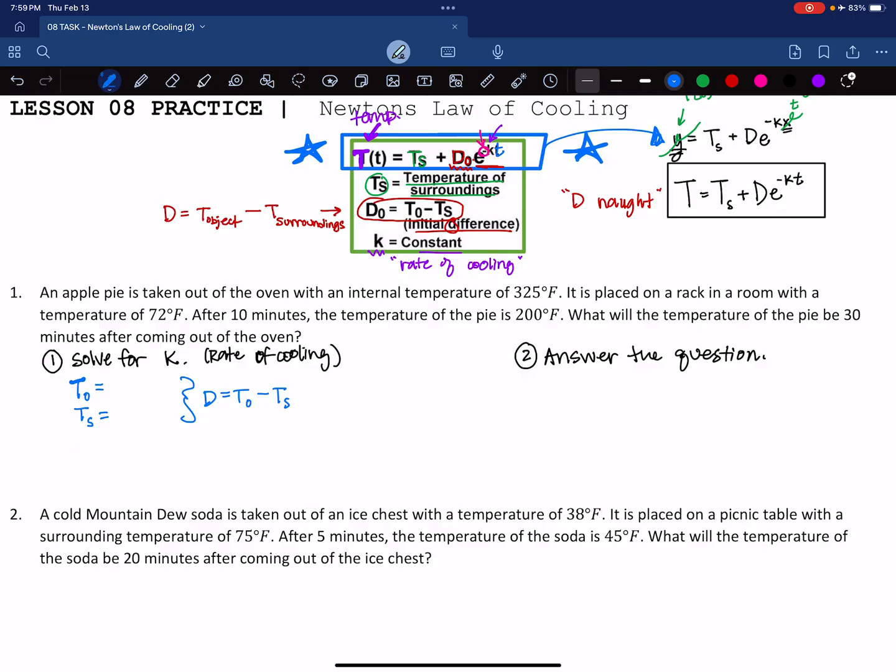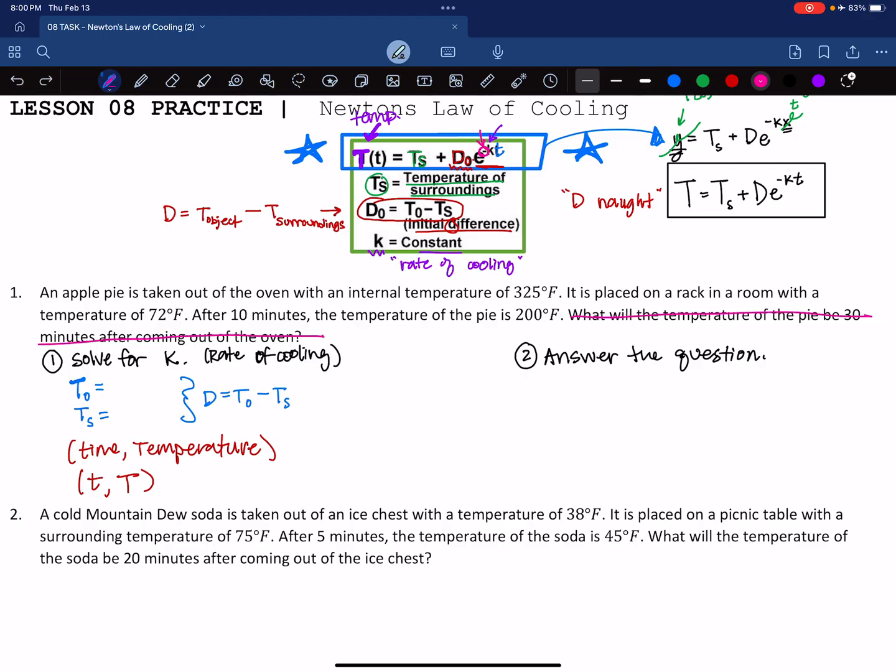Then we also need to know a time temperature reading, basically an ordered pair on our graph. So we need a lowercase t for time that's paired with a temperature. So pretty much in phase 1, we don't use the info out of the question yet. We haven't made our formula to be able to answer the question. So that comes in our second phase.